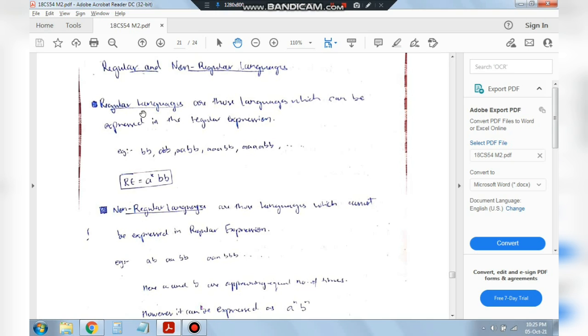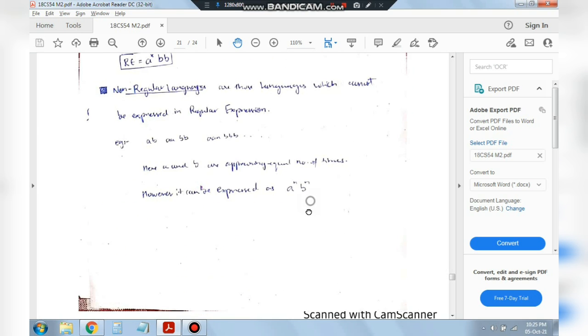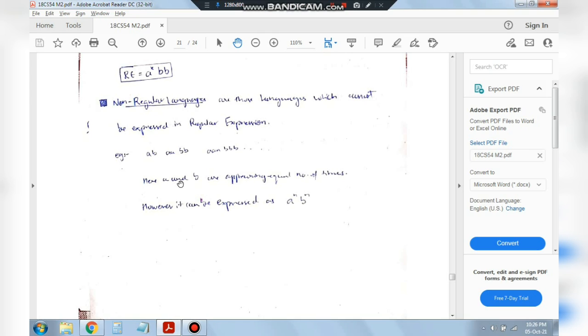This is a regular language because it is expressed in the form of an expression. And a non-regular language is one which cannot be expressed as a regular expression. For example, if a and b appear an equal number of times, like ab, aabb, aaabbb, and so on, this cannot be expressed in the form of star or plus, because star means 0 or more.